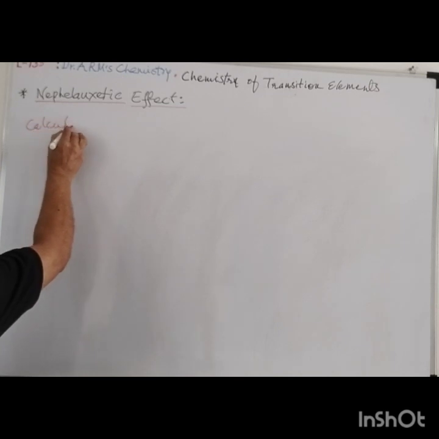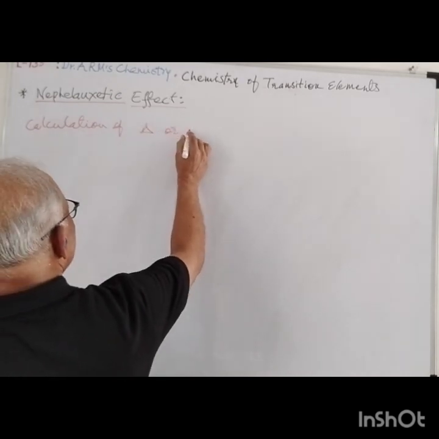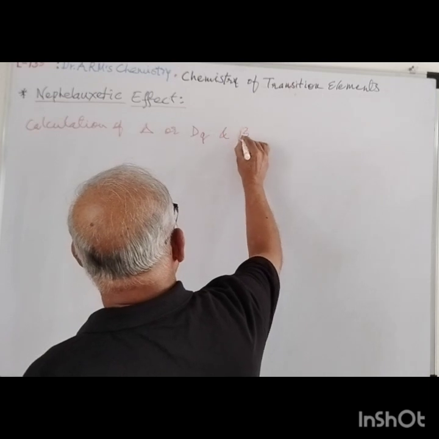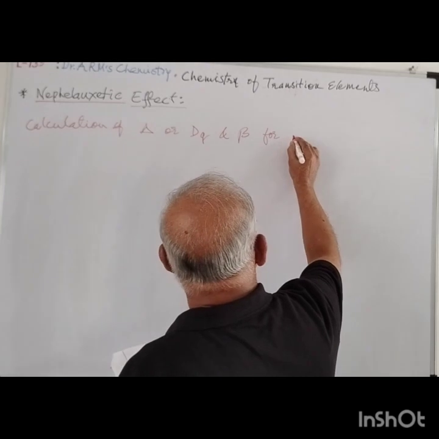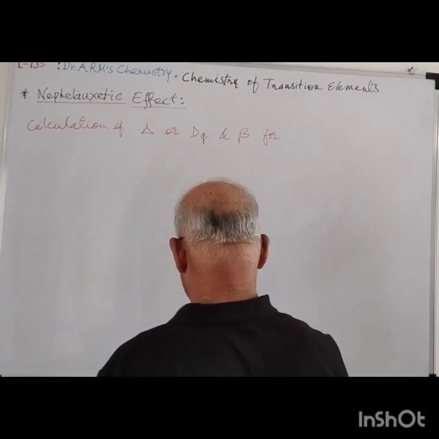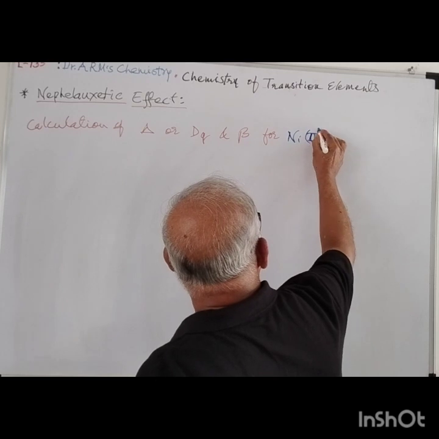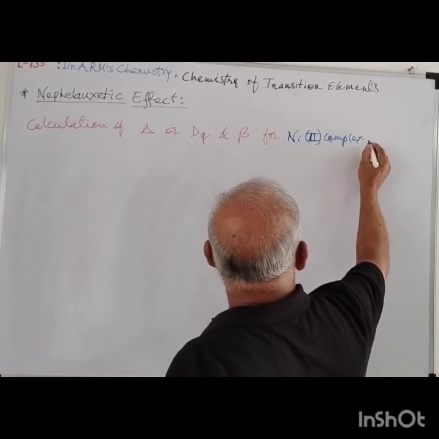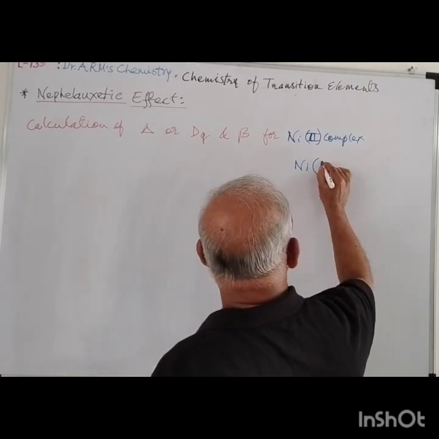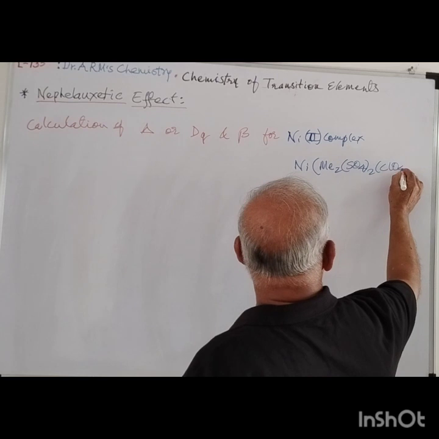So, calculation of delta or dq and beta for octahedral complex of Ni2+ complex, that is Ni(Me2SO)6 (ClO4)2.